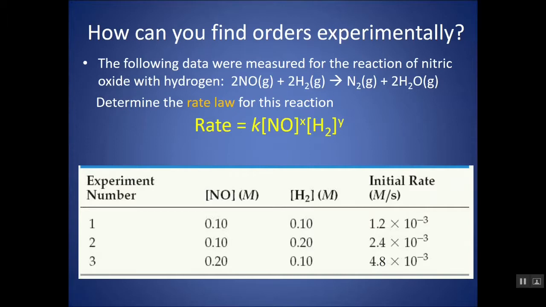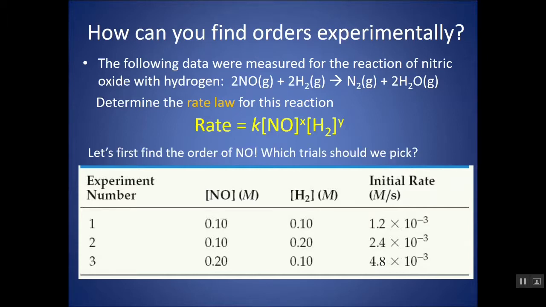Rate on the left-hand side equals k, [NO] raised to some exponent, I'll say X, [H2] raised to some exponent, I'll say Y. And just so you know, X and Y will likely differ from the stoichiometry of the reaction. It really has no relationship with each other. You can't determine what these orders are based on stoichiometry.